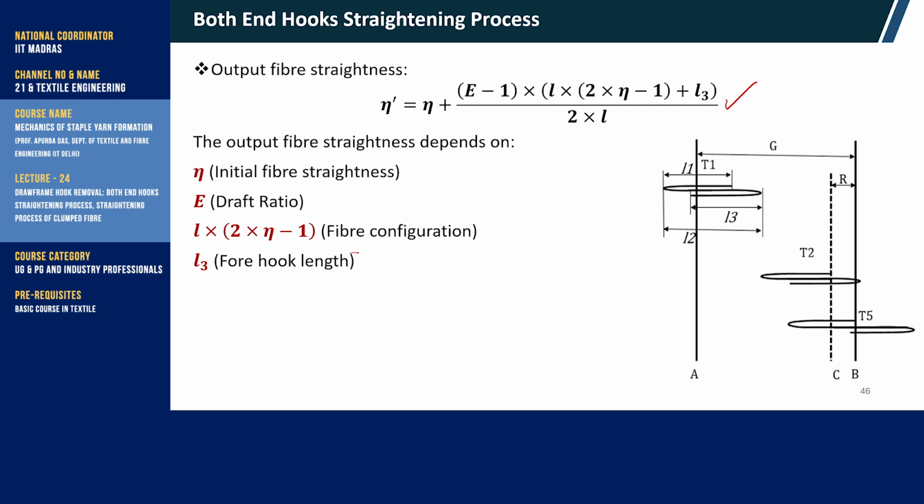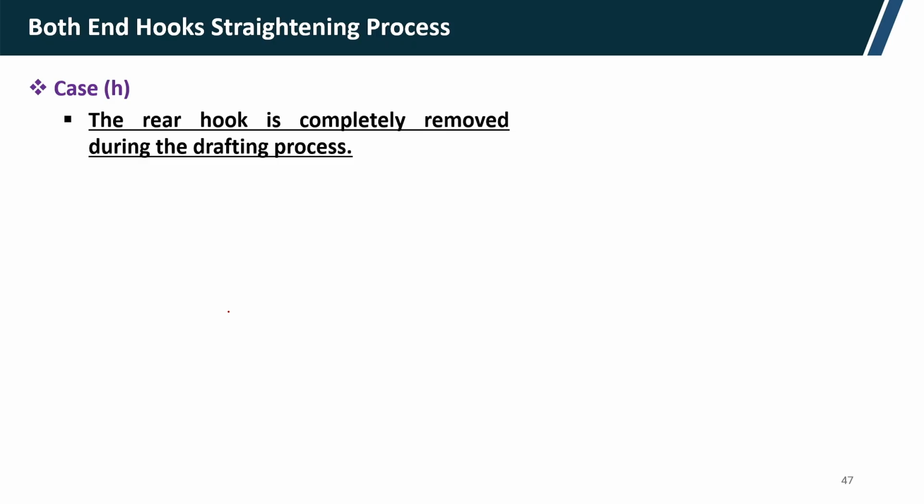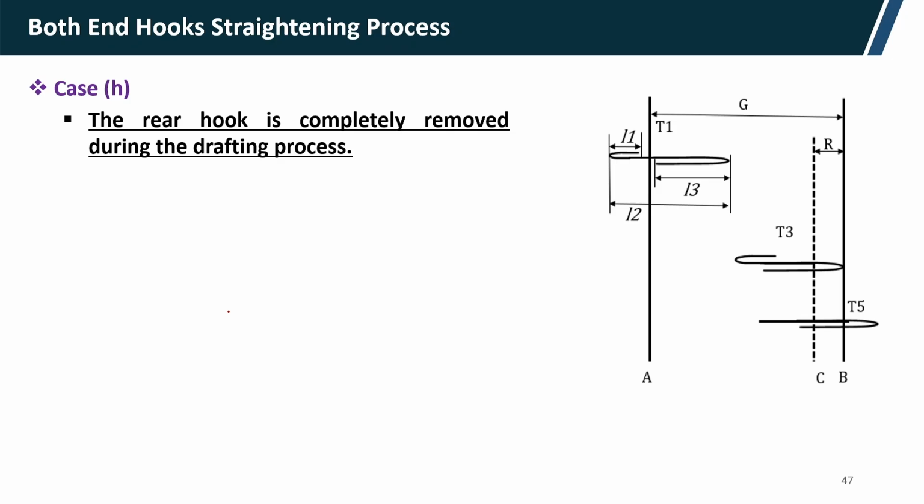Length of the leading hook, length of the fibre, that is the total length of the fibre. And case H is where the rear hook is completely removed during the drafting process. Here we can see at the T3 point, the midpoint, before the midpoint is reached, the leading part is under the grip of the front roller.